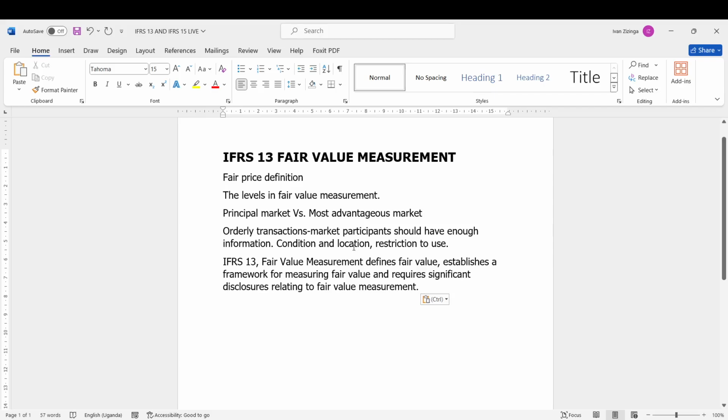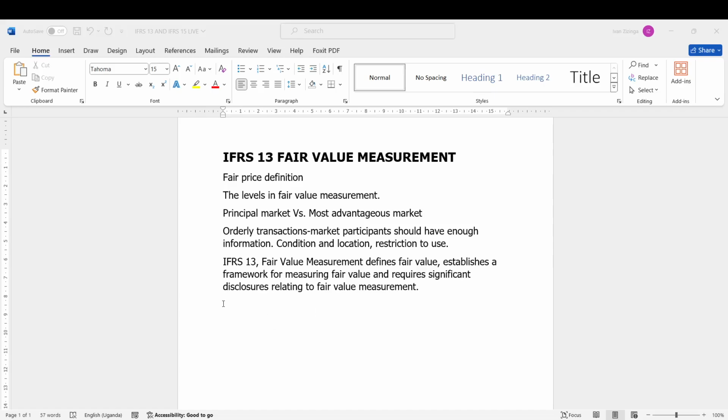It defines fair value as a price that any market participant would receive if you are to sell an asset, or you would pay to transfer a liability. That is very important. Let me get that definition.